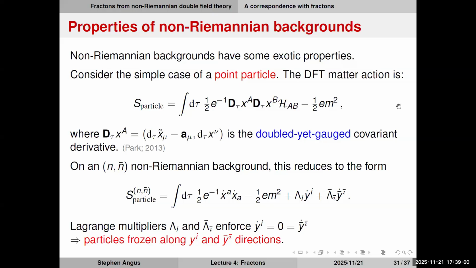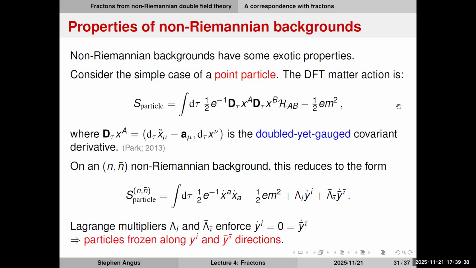But if we do this on an n bar non-Riemannian background, in the simple example I showed before, we have some x dot a term, and the mass term comes along, but then we also have something that looks like lambda_I y dot I, and lambda bar_I bar y bar dot I bar. So basically we have these terms linear in the velocity in the non-Riemannian direction.